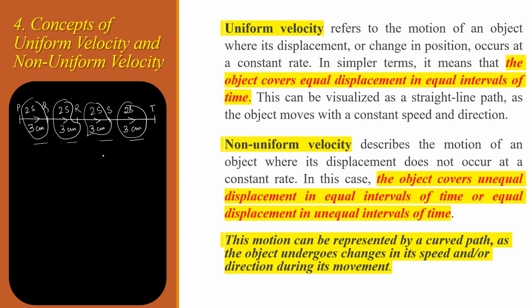But in case of non-uniform, there is a situation the object is traveling from P to Q, then Q to R, then R to S, then S to T. Okay, this is 2 centimeter, this is 3 centimeter, this is 1 centimeter, and this is 5 centimeter.